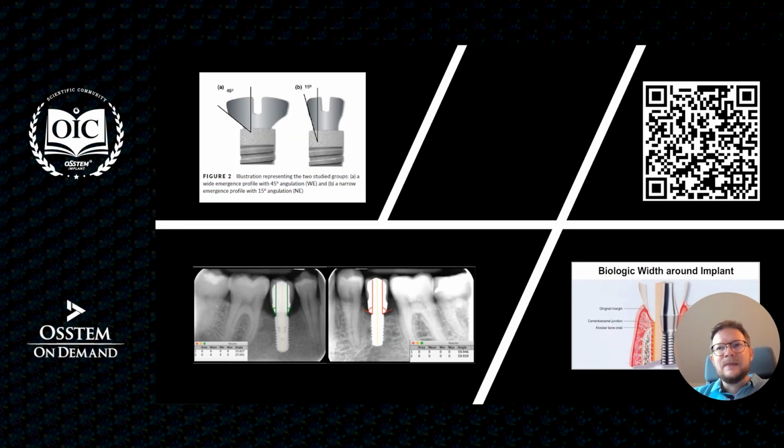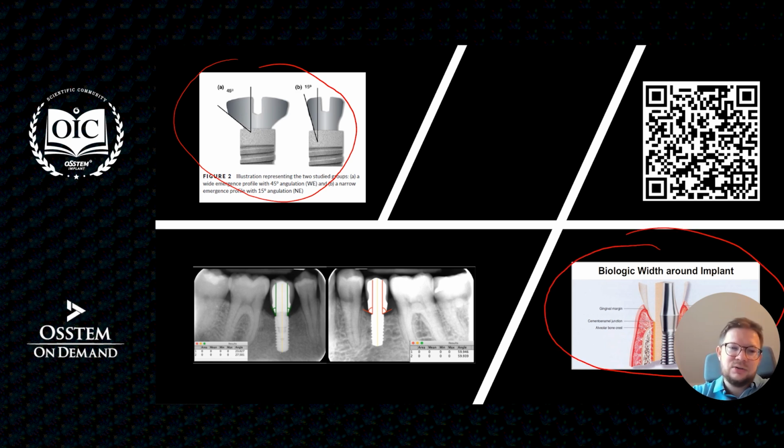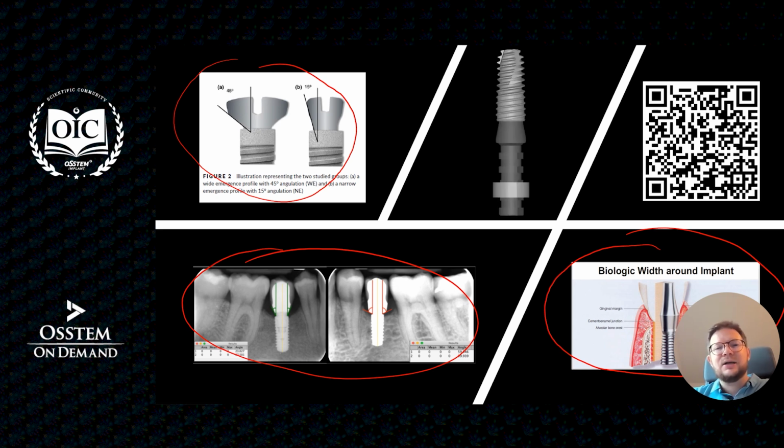And this is based on the literature regarding the angle which should be given for healing abutments, on the literature about biological width, and on the literature about how to select an optimal angle of the abutment. And if we have that included in the library, it's easier.